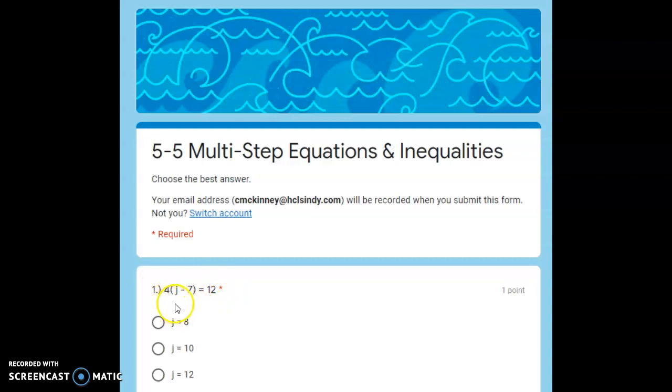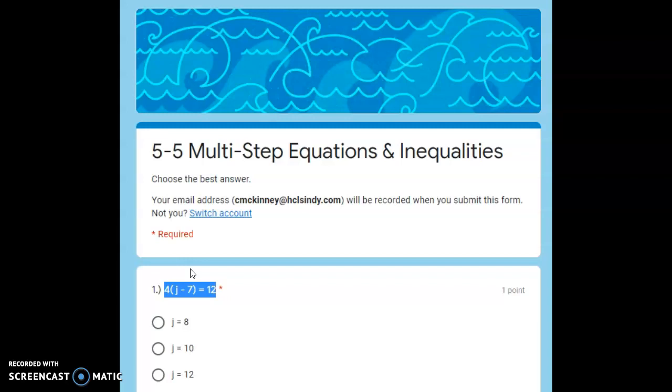You see the 4 is on the outside of parentheses j minus 7. I would love for you to write out the entire equation, 4 parentheses j minus 7 equals 12. But then when we talk about the distributive property, we remember that the 4 is going to affect the j and the 7 before we can go any further in our step.